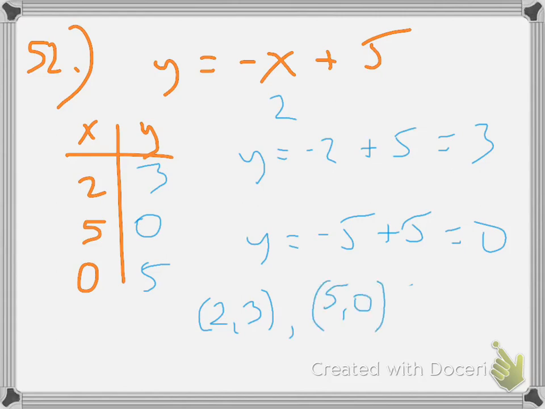When x is 5, y is 0. And 0, 5. When x is 0, y is 5. These are great numbers because this happens to be the x-intercept, and that's the y-intercept. Those are really nice points to find, those zeros. There you have it. Another page down, and we're richer for it. Let's go to 10.